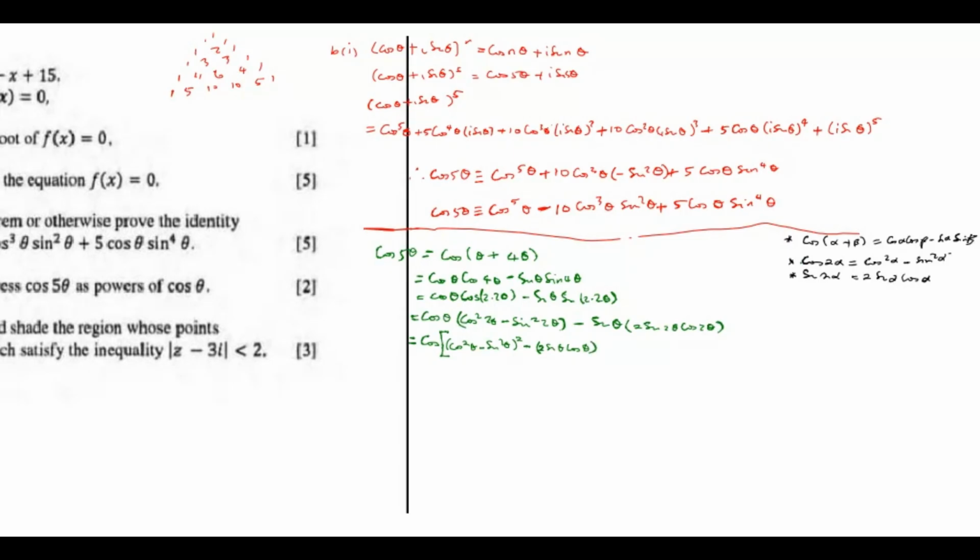Then we are going to have minus 2, let's take the 2 outside, so it's going to be minus 2 sine theta. Then we put a square bracket, where there is 2 there.